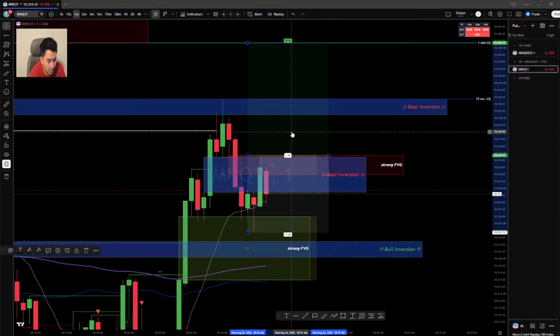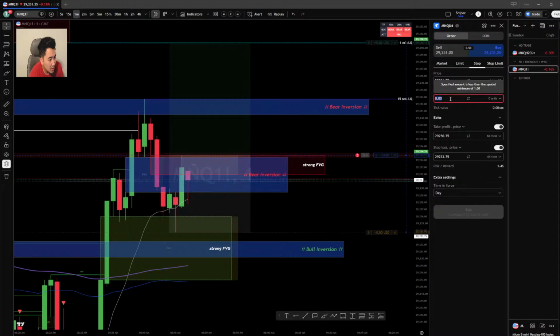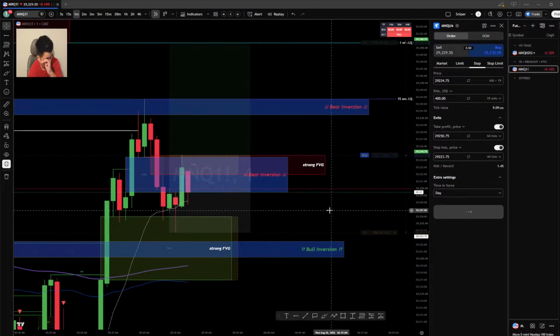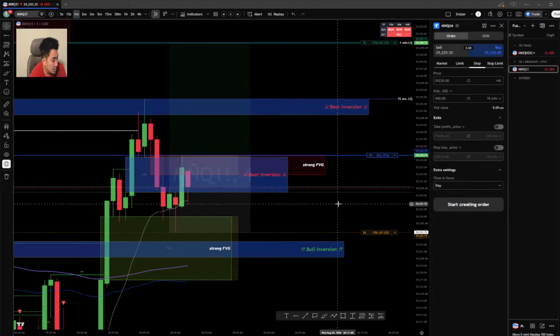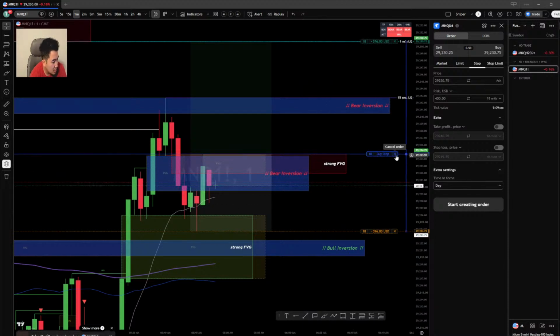We're going to do a little bit more of a mid order, still a buy stop. Seems laggy today. That should delete this here.